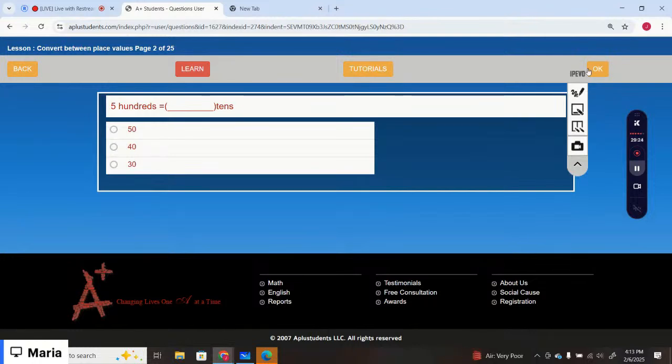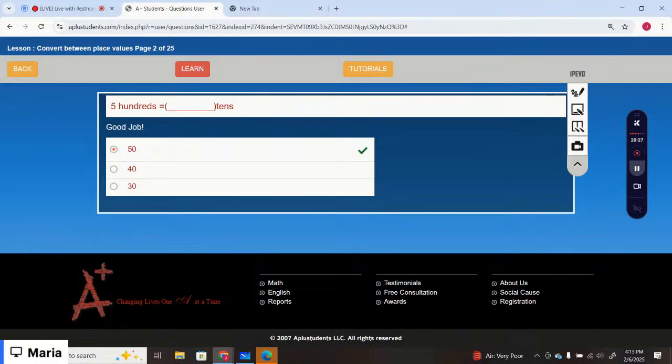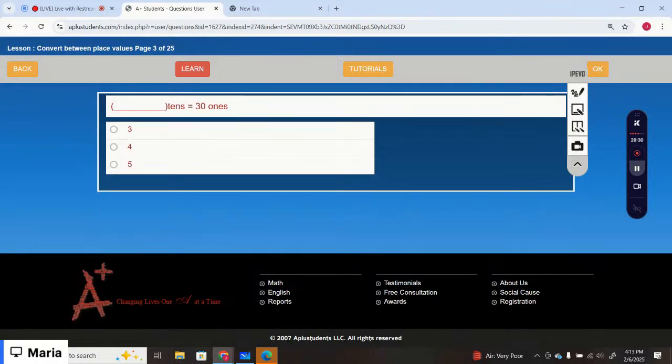Option number 1 is the correct option. 50 tens it is. 31 is equal to how many tens? 30 ones equal 3 tens. The correct option is option number 1, that is 3 tens.